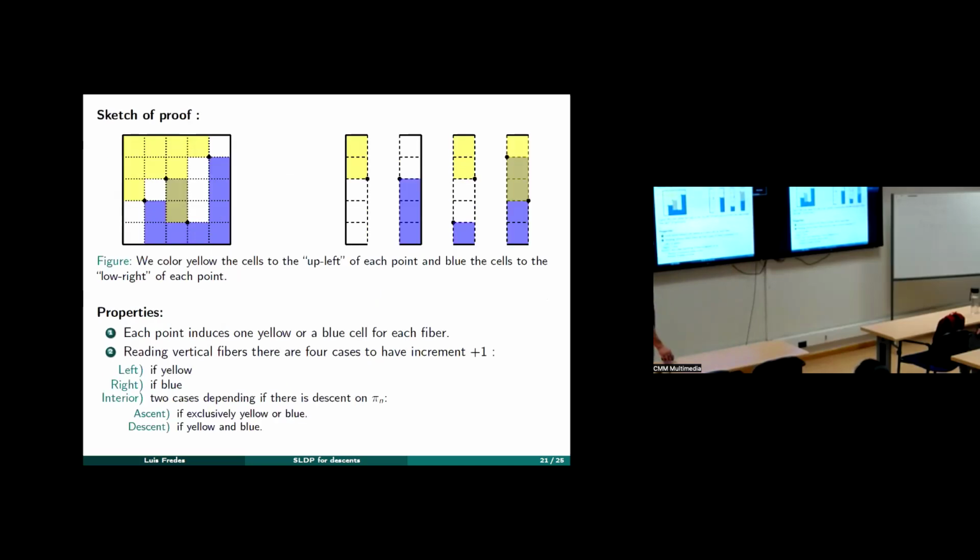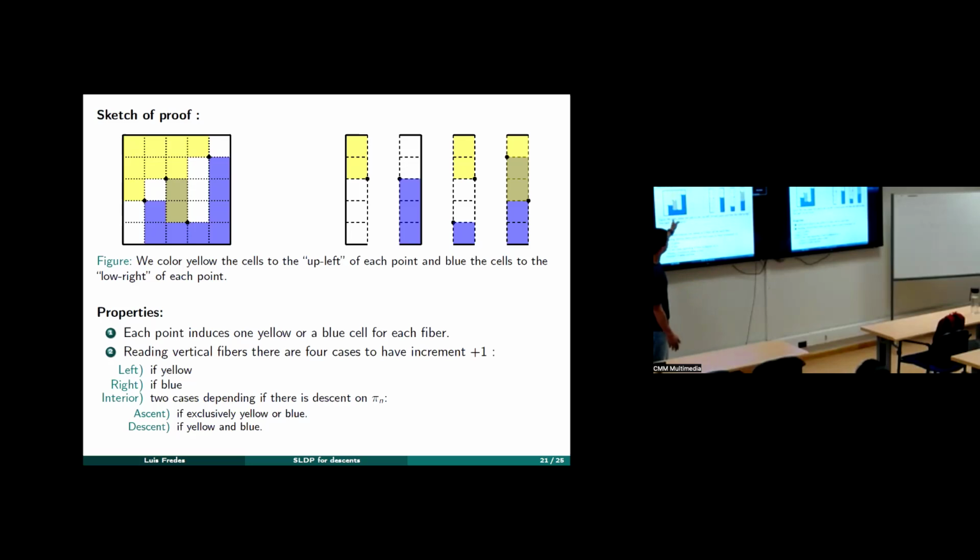Second one, now we will try to find what happens for which of those cells we have increments +1 for the descents. And here we just study the direct permutation. So if we are to the left, we can't have any blue coloration, because the first point that we color is to the left, and we just color blue to the right.